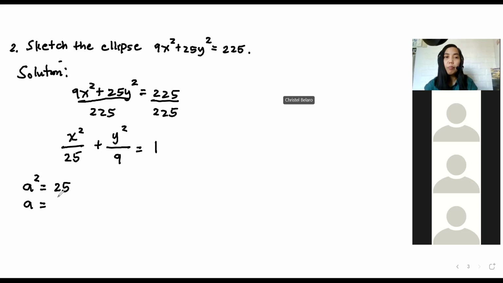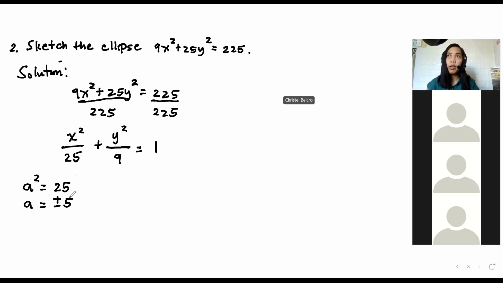Therefore, our a here is plus or minus 5. It's always two values, class, because this is an equation. If we take the square root of both sides, there are always two answers: plus or minus 5.